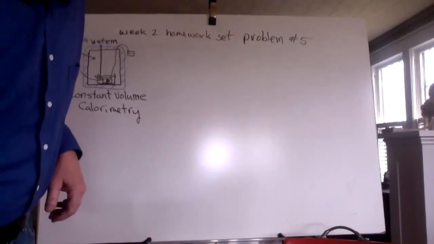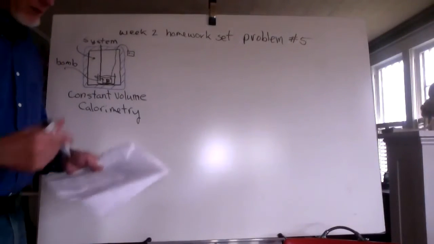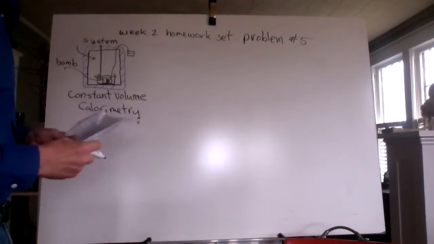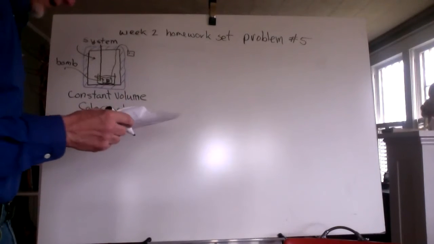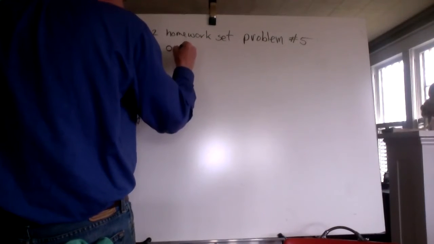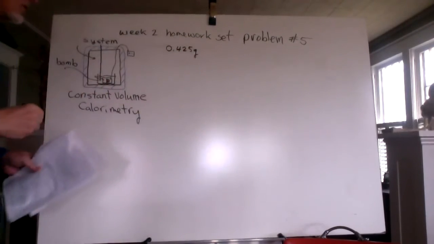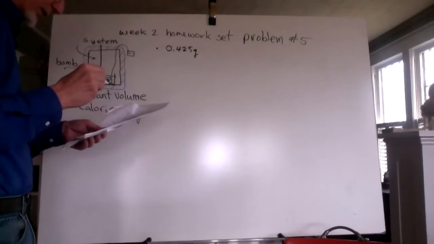So that's the idea. Now, in this particular problem, we want to determine, according to problem number 5 on the week 2 homework set, we have a cereal, and we take a piece of that cereal, 0.425 grams, and we put it into the calorimeter. That's the mass of our sample, or cereal.